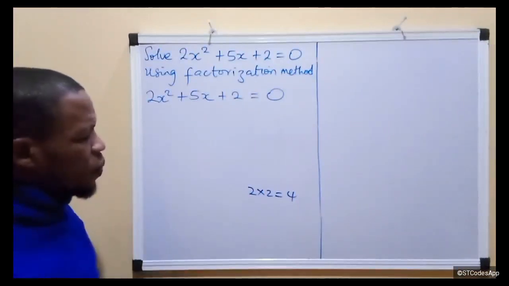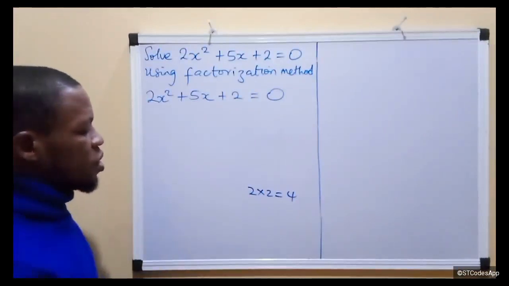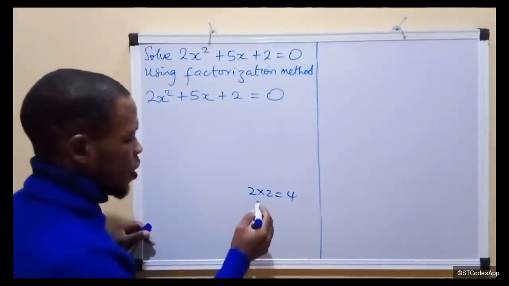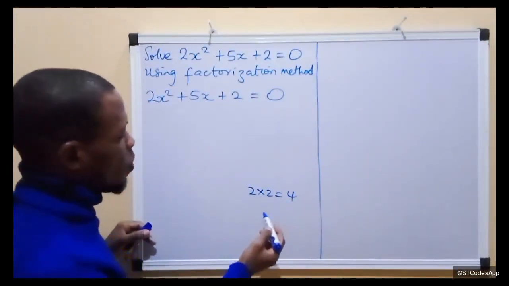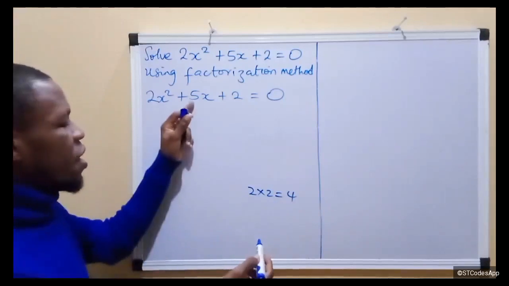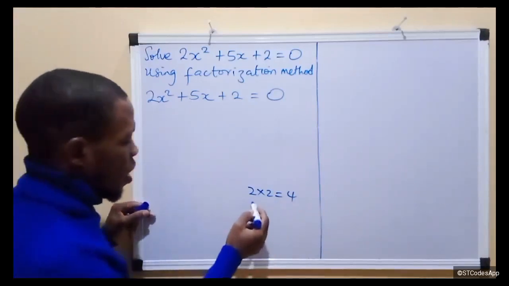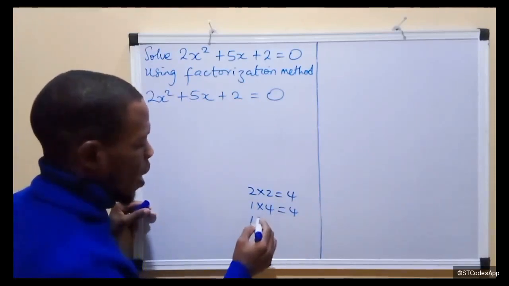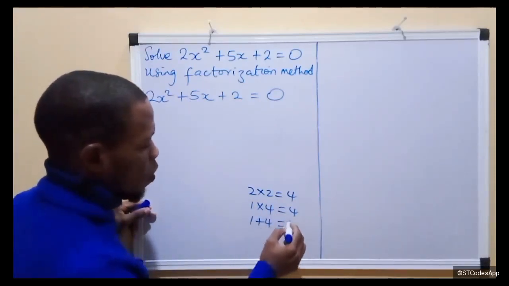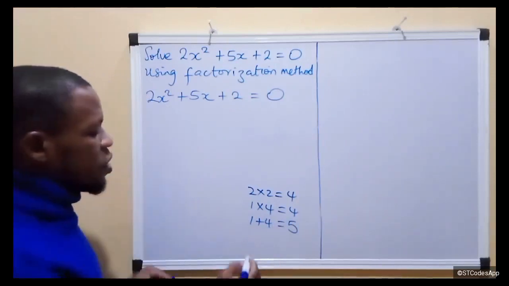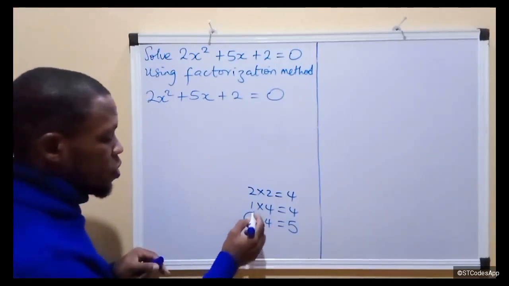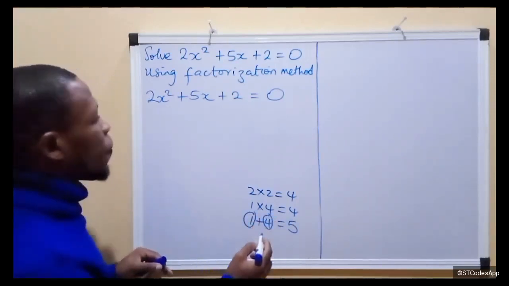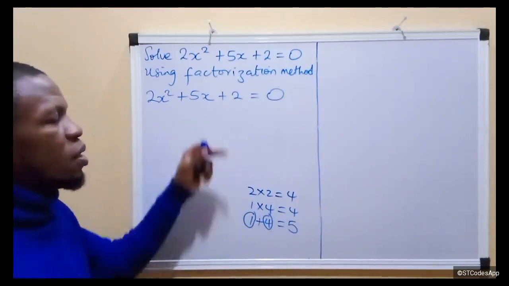So what do we do? Let's try out numbers. We have 2 times 2 is equal to 4, but 2 plus 2 is not 5. How about 1 times 4? This is going to give us 4, and 1 plus 4 is equal to 5. That means we're going to make use of plus 1 and plus 4, and that is going to substitute the middle term here.